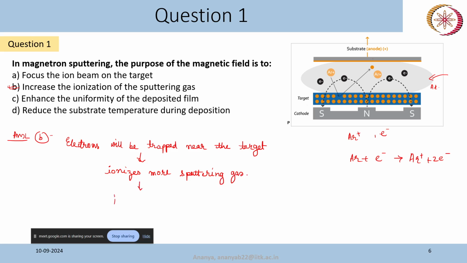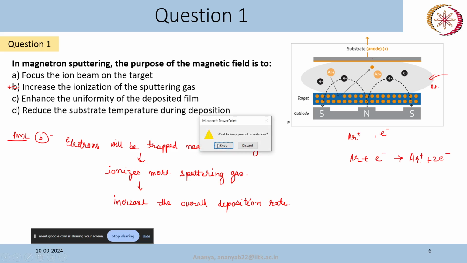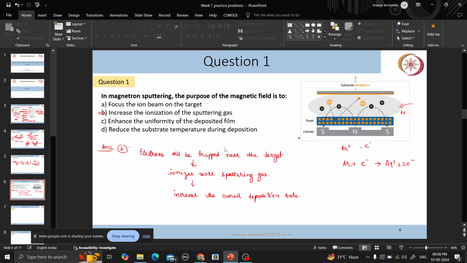That will increase the overall deposition rate. I hope this is clear.